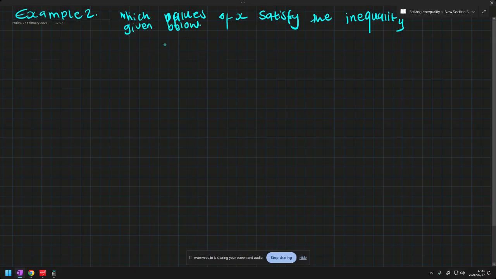All right, and then we have the following inequality. One is less than or equal to 1 over x minus 4, and it's less than 5, right?